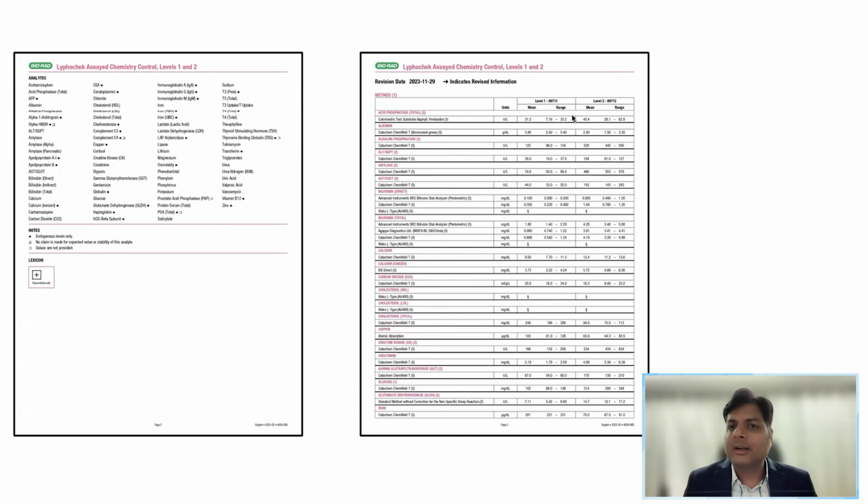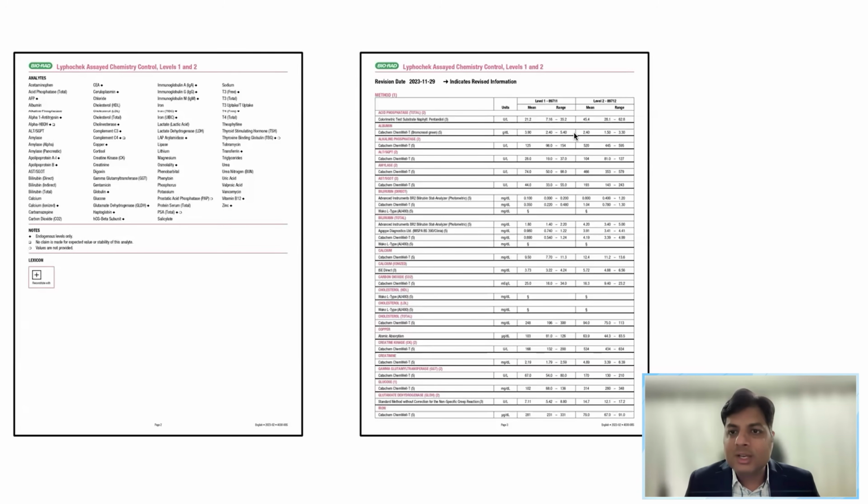Now, a value chart looks something like this, on the right hand side. Say, for example, there is a parameter, let's say albumin. Here in albumin, you see the unit is gram per deciliter, and there is something called mean, and there is something called range. This mean value is nothing but the target value of the control for that particular analyte.